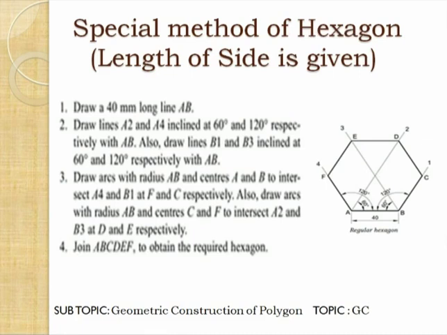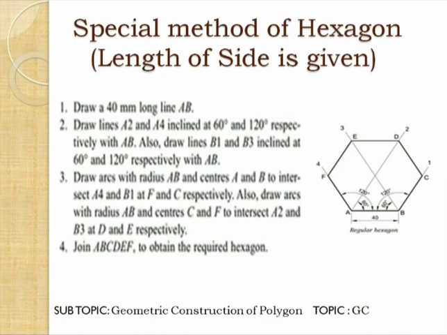Then at point A, you draw one line at angle 60 degrees, another line at angle 120 degrees. Then on both 120 degree lines, you cut a length equal to 40 mm.